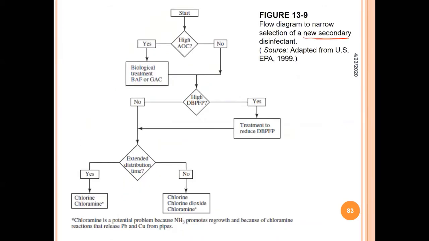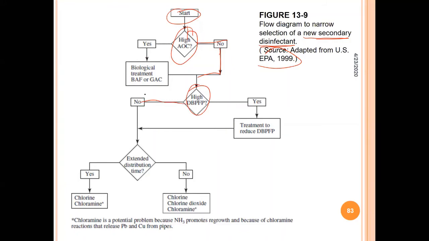For a new secondary disinfectant, USEPA proposed this one in 1999. So we start from here and check for assimilable organic carbon. If there is none, then we go for disinfectant byproduct formation potential.